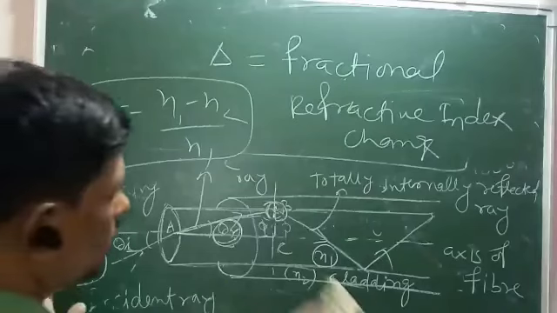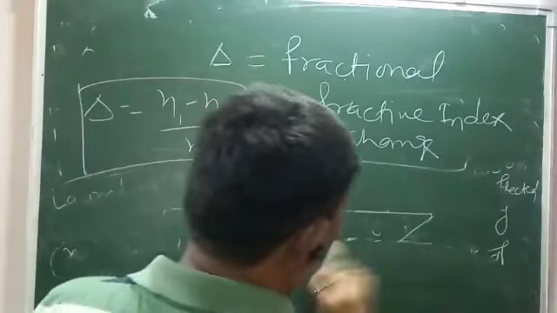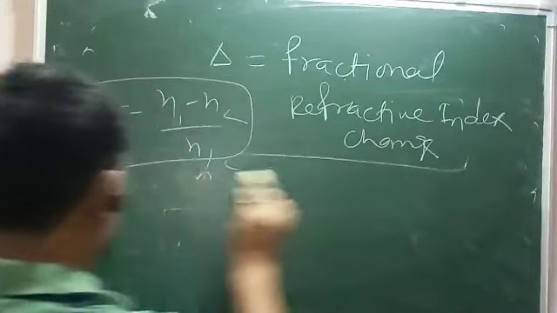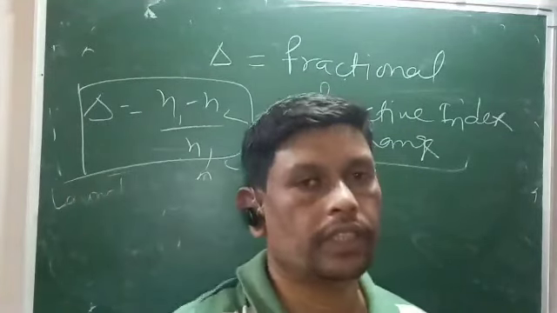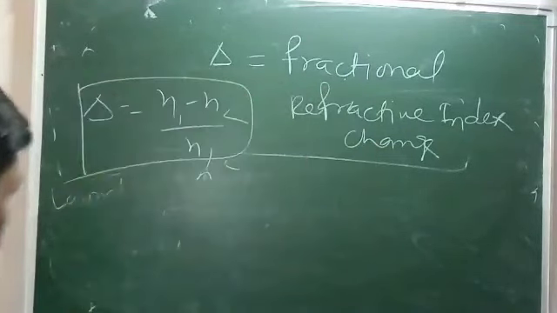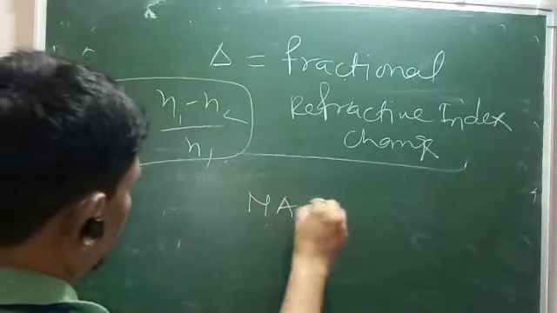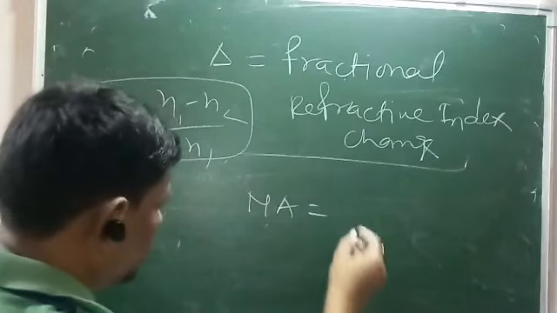It is normally the difference between the refractive indices of core and cladding. The main condition of fiber optics is that the refractive index of the core is always greater than the refractive index of cladding. And the value of numerical aperture can also be calculated by another equation.